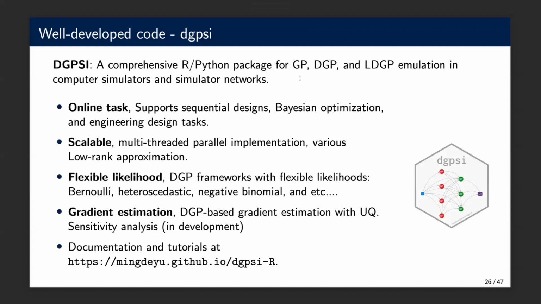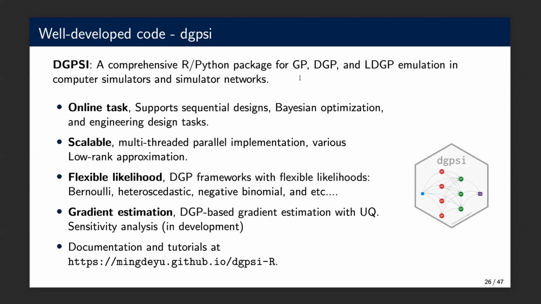And here I want to introduce our well-developed code called DGP-SI, which is a comprehensive package for GP, DGP, and linked GP emulation in computer simulators and more challenging simulation tasks. It supports both R and Python. We support some online tasks like sequential design, Bayesian optimization, and some engineering design tasks.